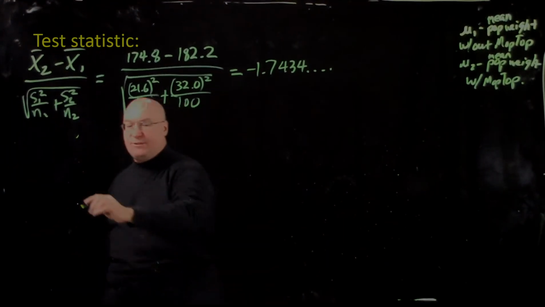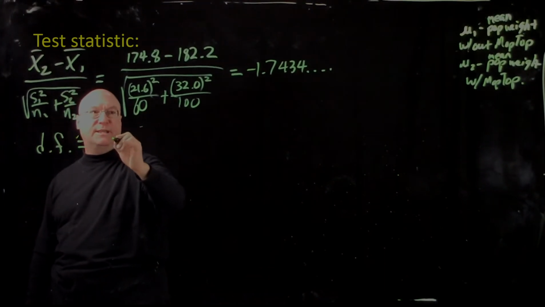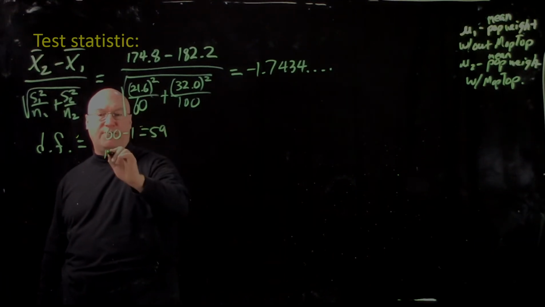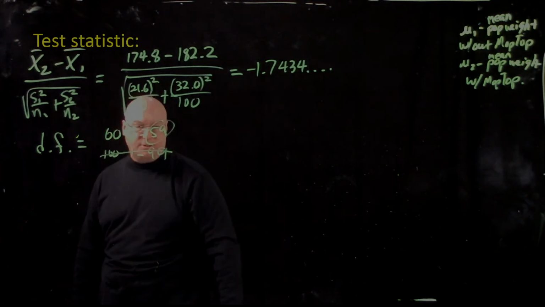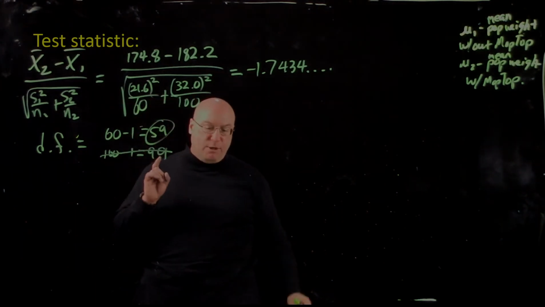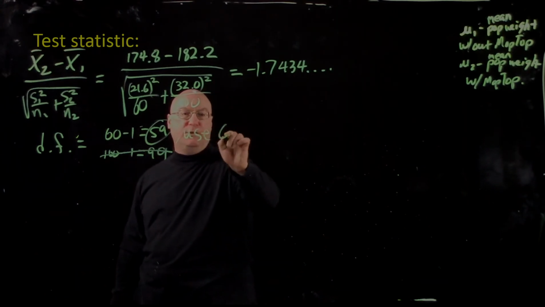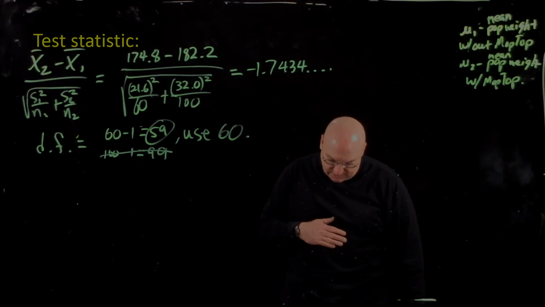All right, what's the degrees of freedom? We have 60 minus 1 is 59. We have 100 minus 1 is 99. It's the smaller of the two, right? But most tables don't go to that much detail, so we'll go up to 60 because that's in most tables.